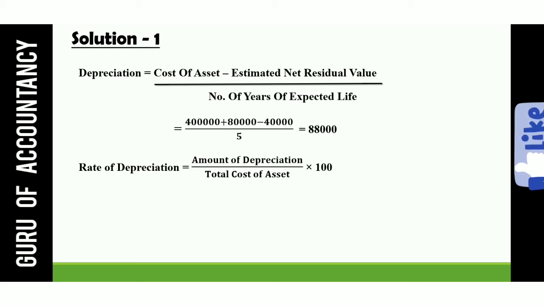If you want to find the rate of depreciation, then the formula is amount of depreciation divided by total cost of asset into 100. So 88,000 divided by 4,80,000 into 100. So the rate of depreciation is coming 18.33 percent. So approximately we can say 18 percent. So this is the depreciation as per the straight line method.